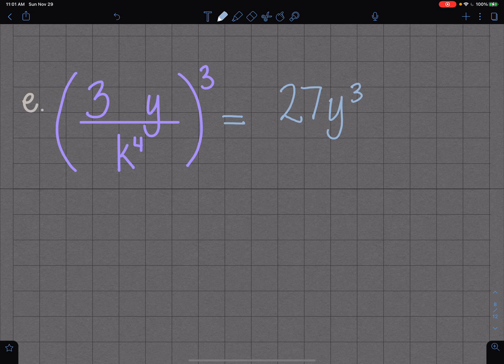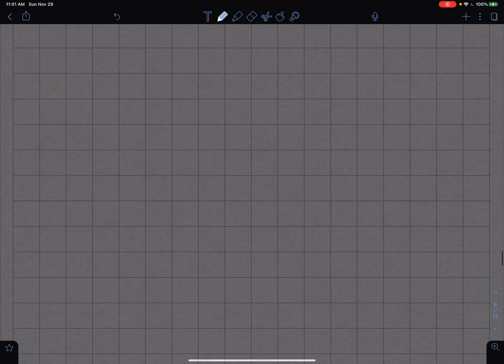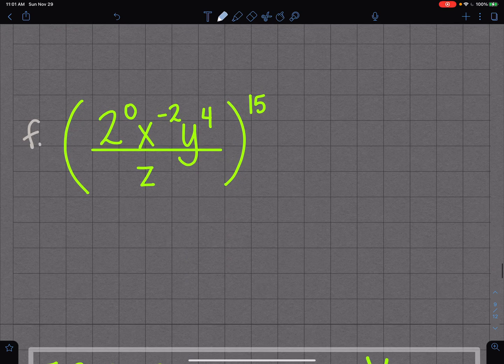Y cubed, because I went y cubed, okay? And then on the bottom is going to be k to the 4th raised to the 3. So 4 times 3 is 12. That's it. That was an easy one. That was fun. Okay, let's do another one.